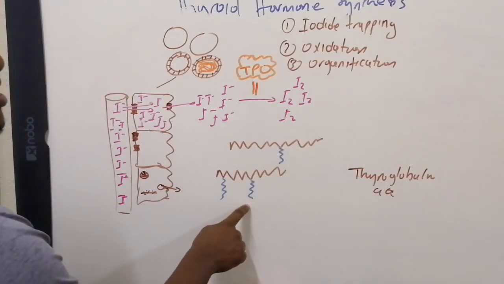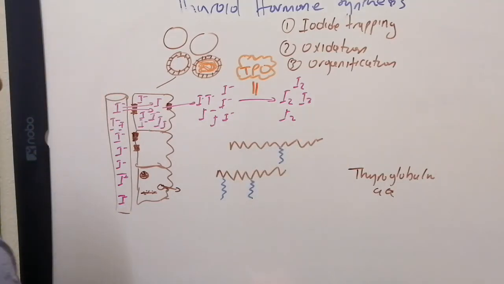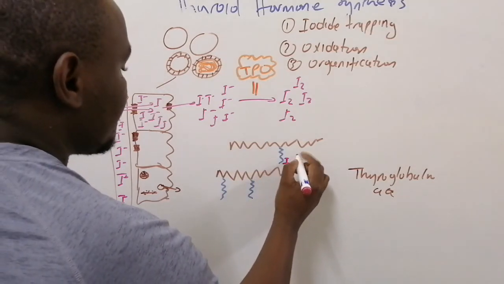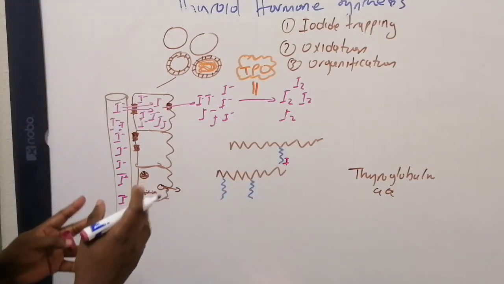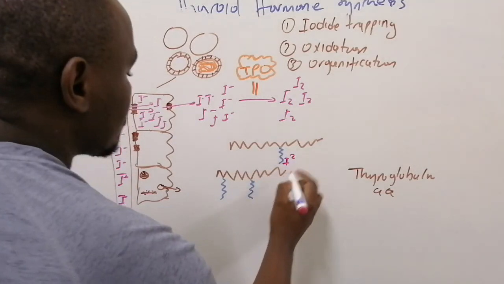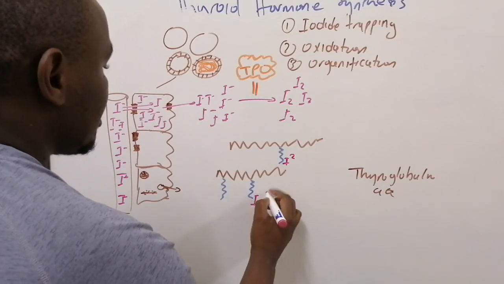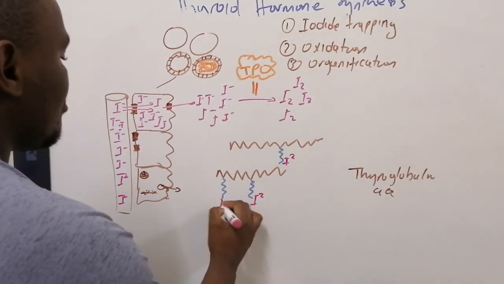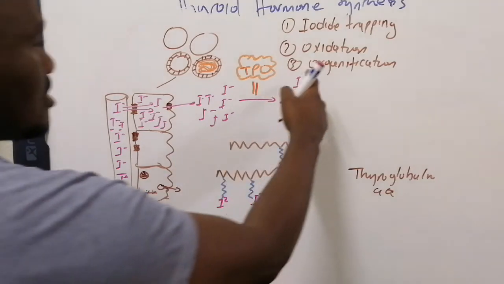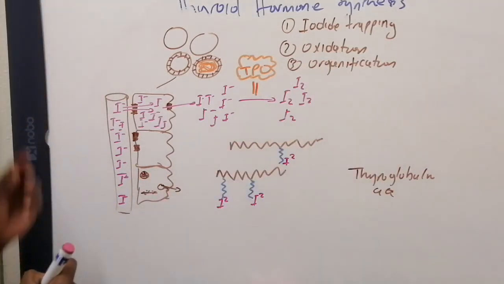So now an iodine will come and attach itself there. Actually, this is done by that enzyme once again, the TPO enzyme, right? So now we've got our iodine there, just like that, and that's called organification, right?